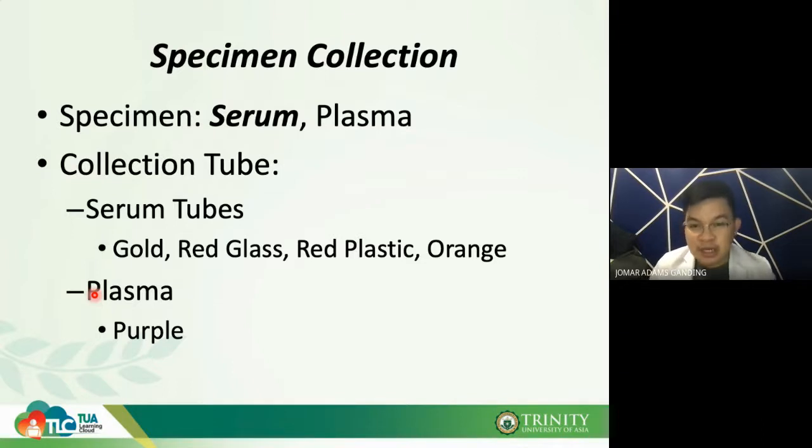Remember that even though we will be using plasma, it is not advised to use citrate or light blue top, and gray top tubes that contain potassium oxalate and sodium fluoride. Although you can also add to your notes that aside from the purple top tube, we can use heparin as the anticoagulant, or the green top tubes.